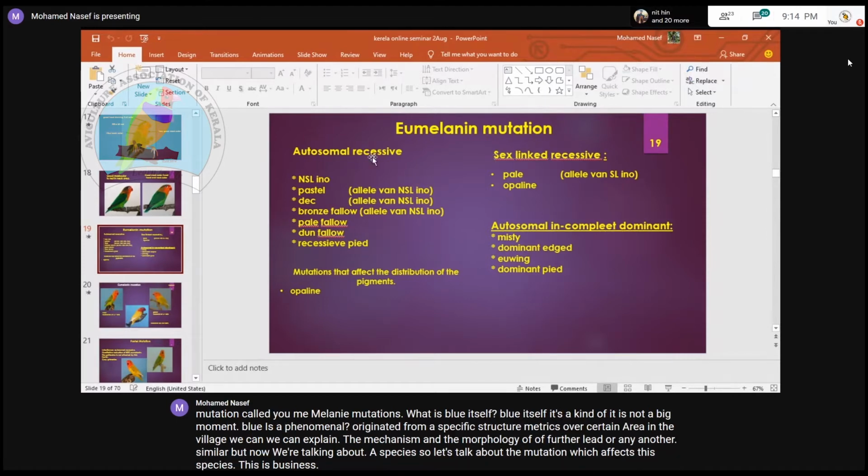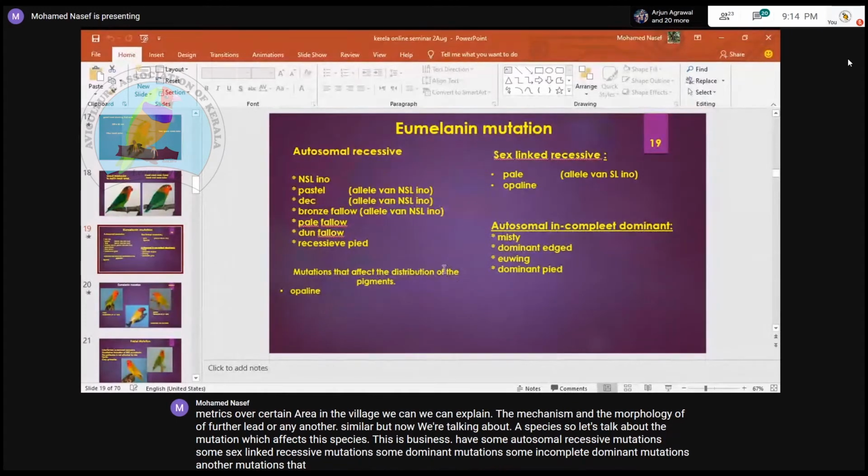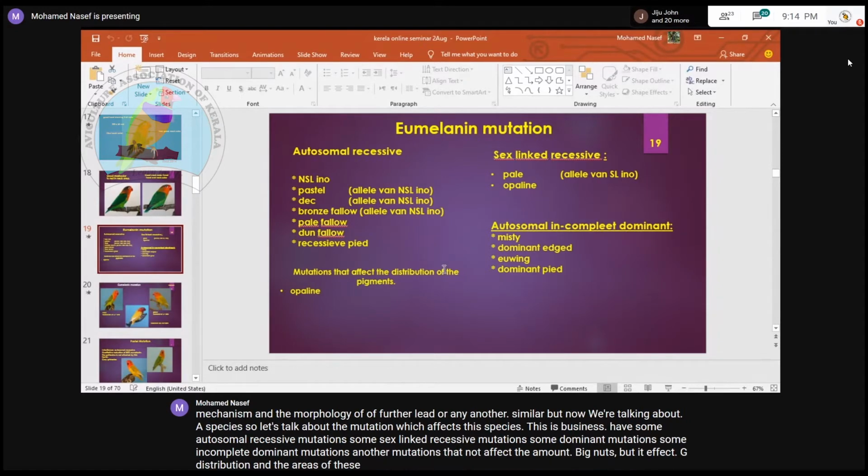This species has some autosomal recessive mutations, some sex-linked recessive mutations, some dominant mutations, some incomplete dominant mutations, and other mutations that do not affect the amount of pigments, but affect the distribution and the areas of these pigments.